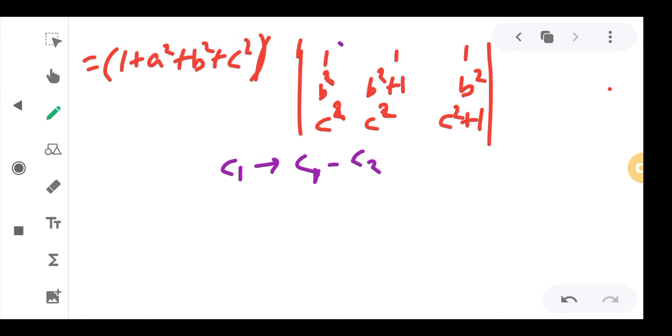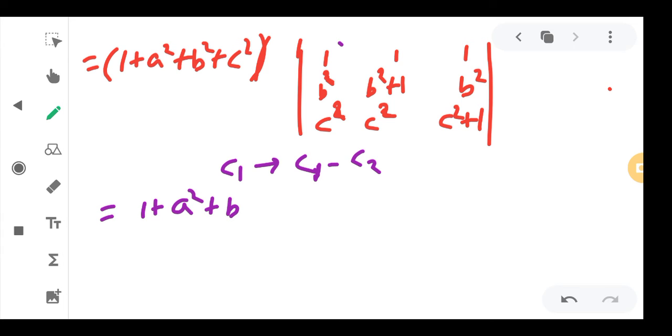And you can do one more, like c2 as c2 minus c3, or leave it as it is. Do only one operation, it will be easy, not a big deal. c1 minus c2. If you do this, then what will happen?